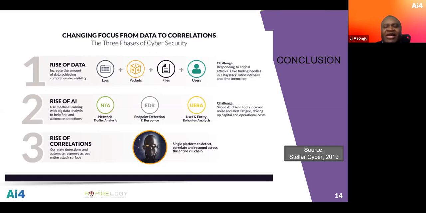As we said, AI has not come to replace humans. Rather, AI is there to help the human, to help the risk assessor or the risk manager to do his or her work much more effectively.